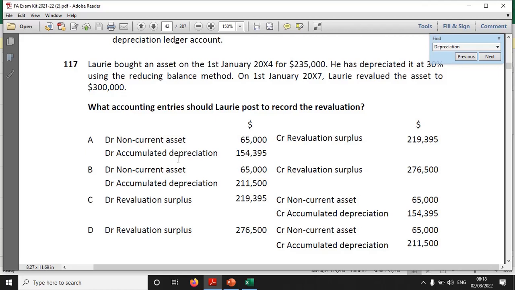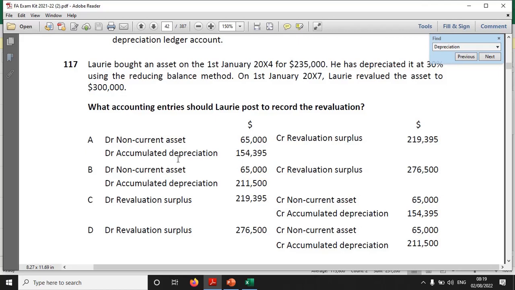Okay, so L bought an asset on 1st January 20x4 for 235. He has depreciated it at 30% using the reducing balance method. But on 1st January X7, you need to count the number of years. L revalued the asset to $300,000. Now listen to this.